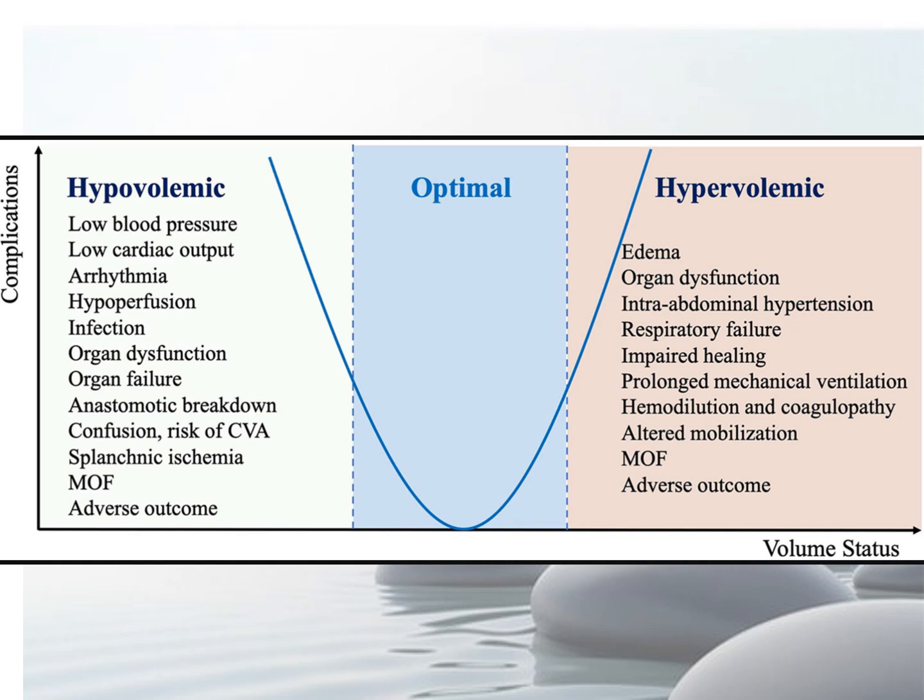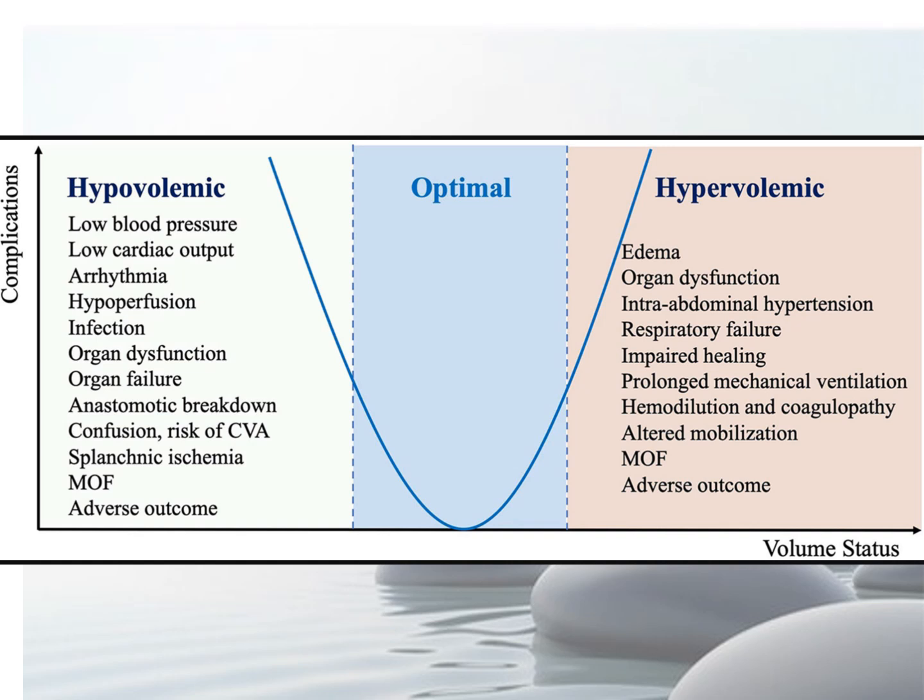And as the hypervolemia increases, the conditions get worse in severity. You can see here the conditions that tend to present with these two conditions. Arrhythmias like tachycardia, low cardiac outputs because there's low volume going in, hypoperfusion, infection, organ failure, etc. I'm not going to read this all to you because I want you to study this and be familiar.